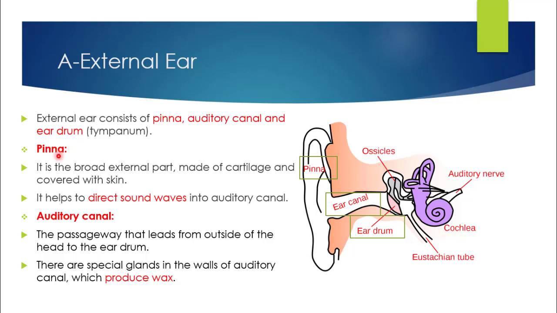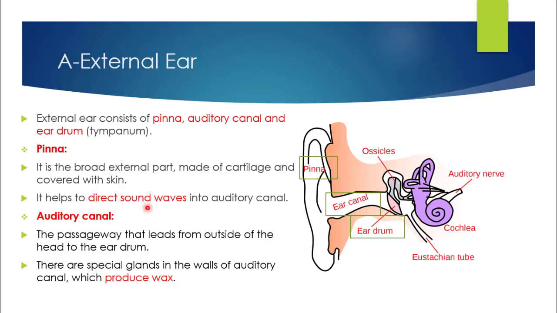The first part of the external ear is pinna. In this picture you can see this portion is called pinna. This is the point from where the ear starts. That's why we can say it is the external part of the ear. It is the broad external part that is made of cartilage and covered with skin.